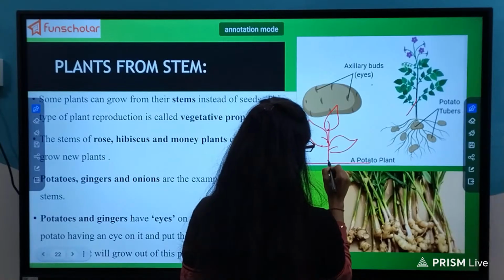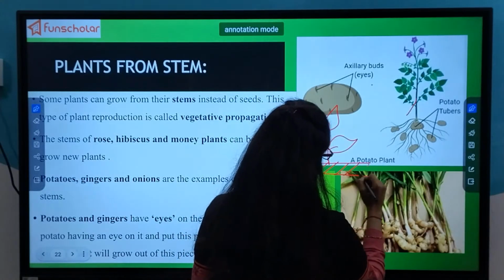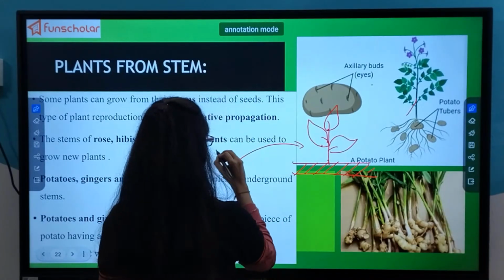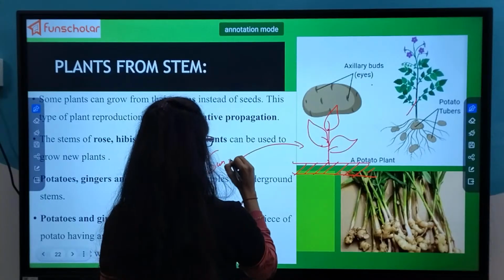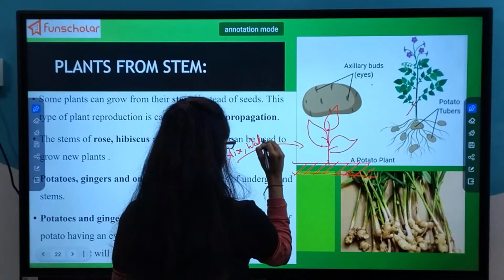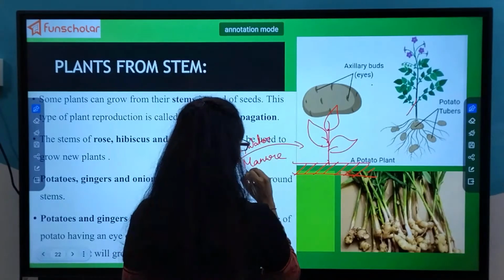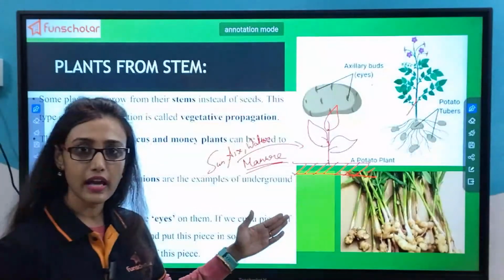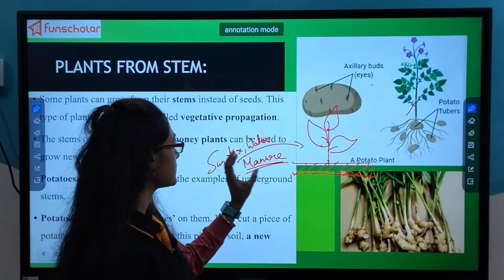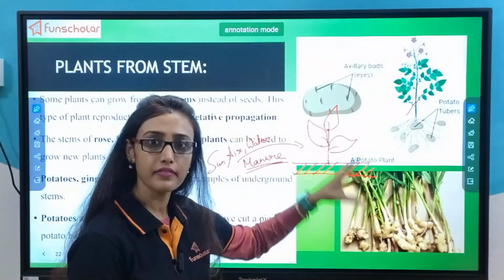I will just dig it in the right amount of soil. And what will I do? I will provide it sun, air, water, manure. What is manure? I will come to that in the later part. For now, you remember sun, air, water, manure. We have to do this regularly every day.